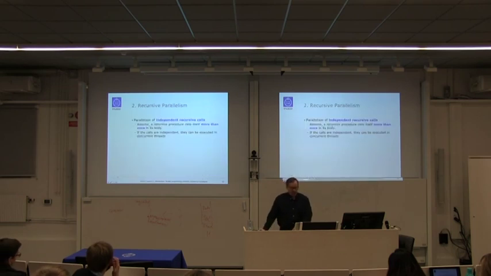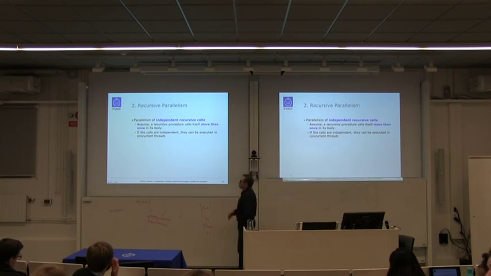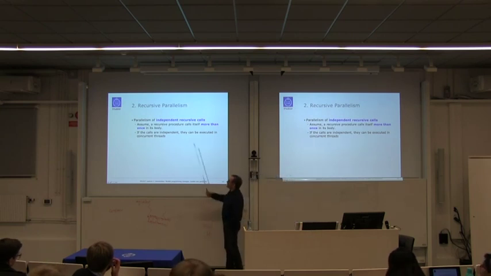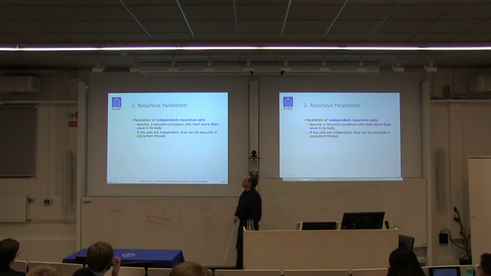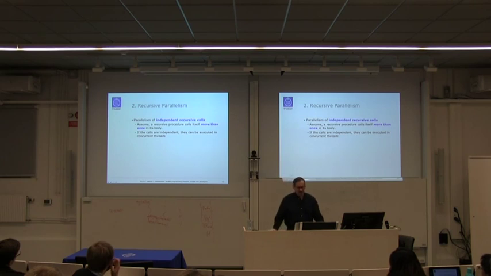Now, let's go for the next one, recursive parallelism. So recursive parallelism is the same story, divide and conquer, but it's parallelism of independent recursive calls. So assume that you have a recursive function and it calls itself inside more than once. Why?